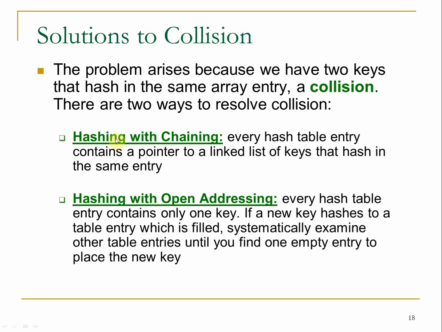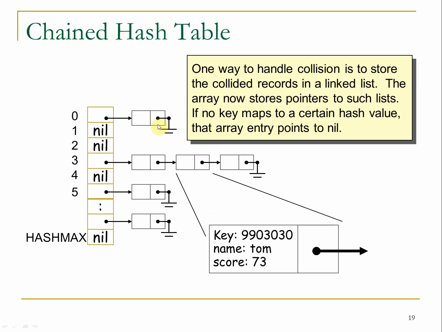So let's start by talking about hashing with chaining quickly, and then we will focus on hashing with open addressing. The hash table with the chained method is like this. Say now we create one one-dimensional array. And then for whatever values are mapped into a location, we will create a linked list to store that information. So you can see that index 0, index 5, and this index have something mapped over there.